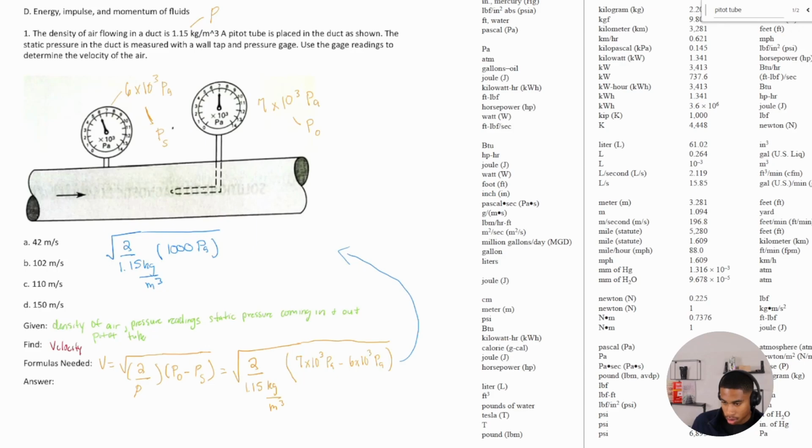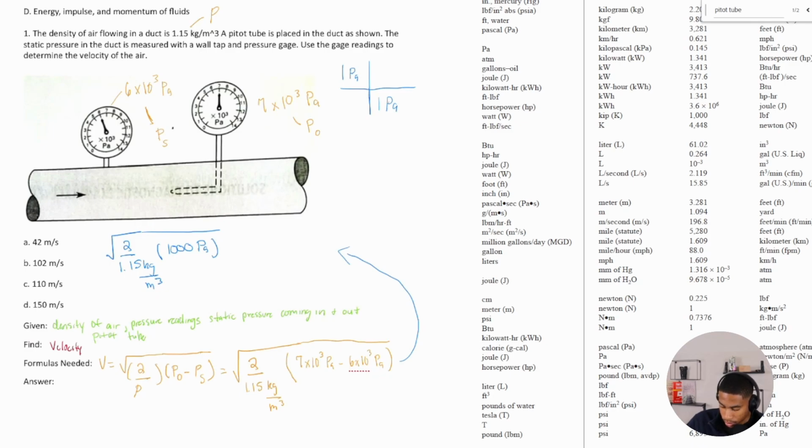All right, so 1 Pascal equals 1 Newton per meter squared. So we'll start there. So 1 Pascal is equal to, what is it?